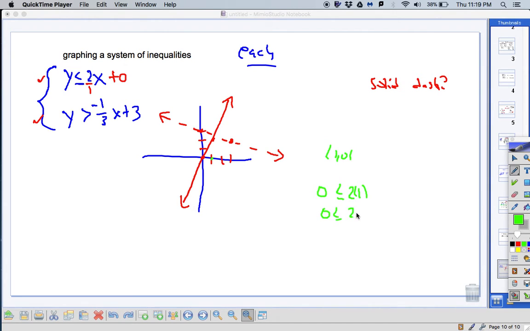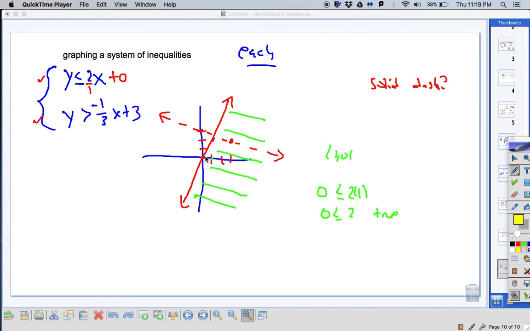Is 0 less than 2? This is true. 0 is indeed less than 2. So we need to shade the side where 1, 0 is. So we're going to shade to the right of this line.